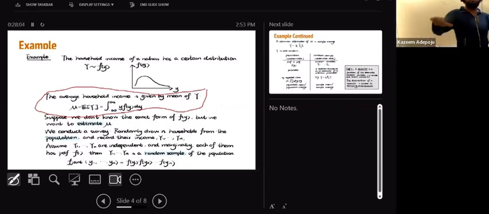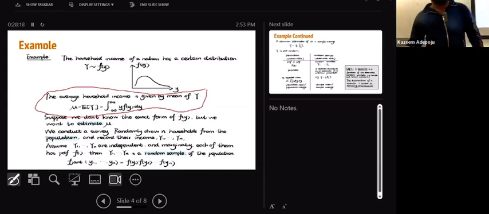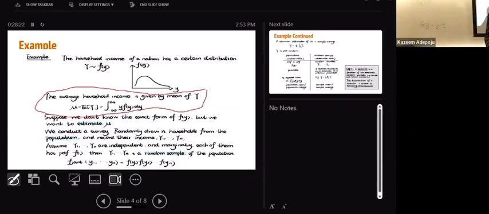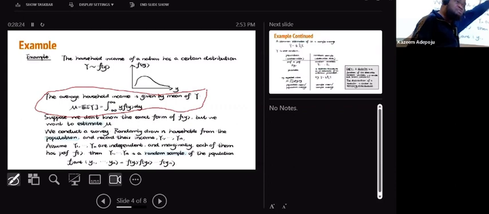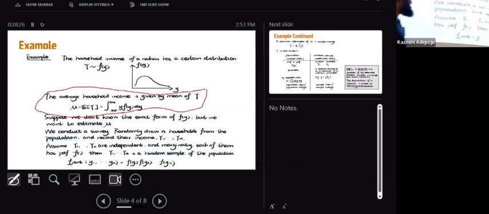Before we go into experiments, we already have a formula. If we know the probability distribution and it is of continuous type, the expected value of y is going to be the integral of y times f of y dy.